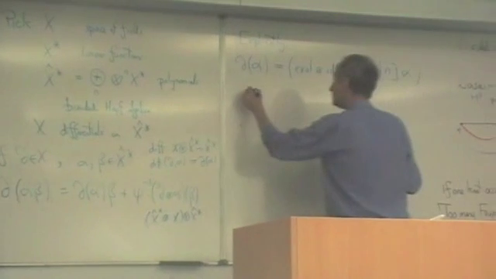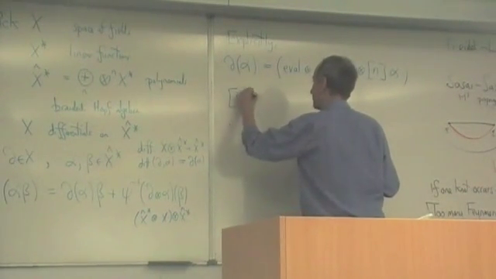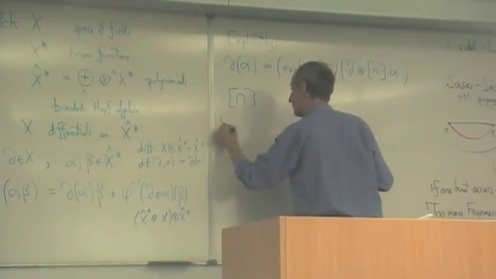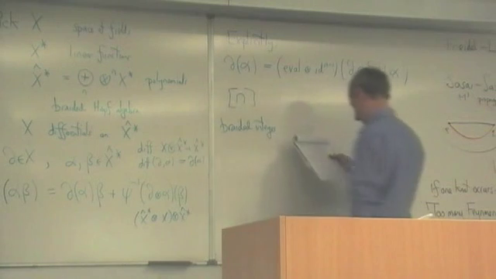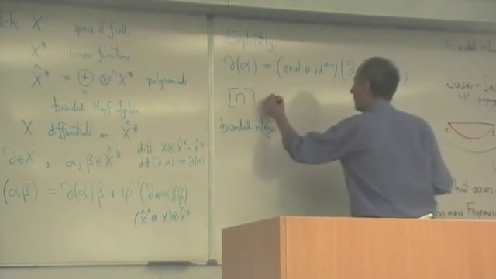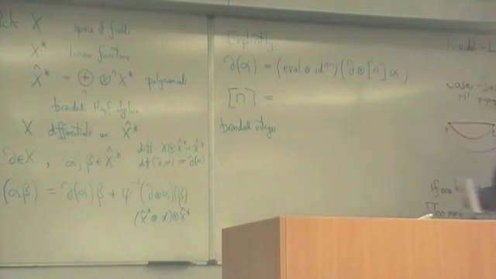N is a braided integer. And it's a sum of terms, and there's n of them.